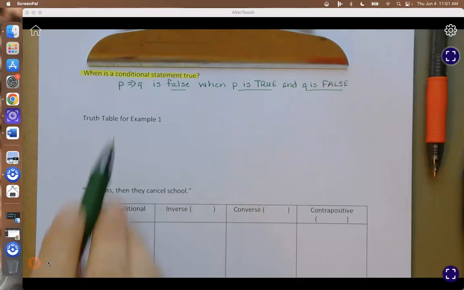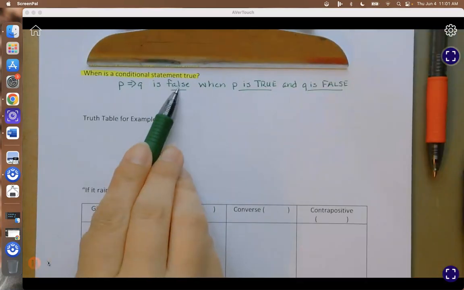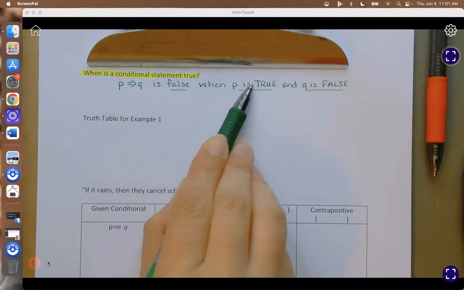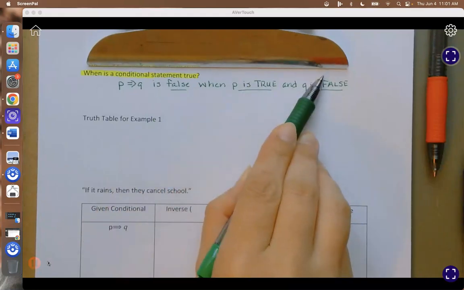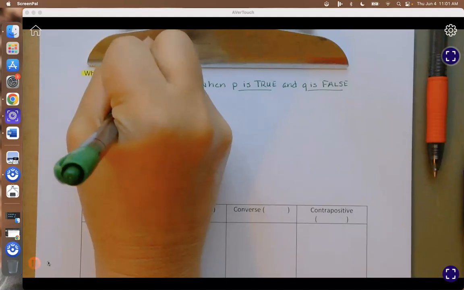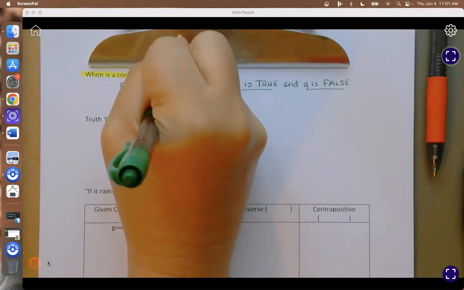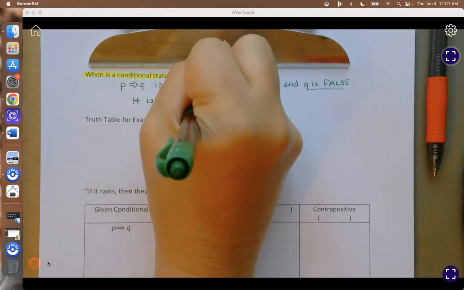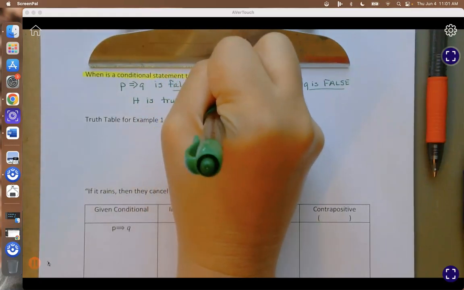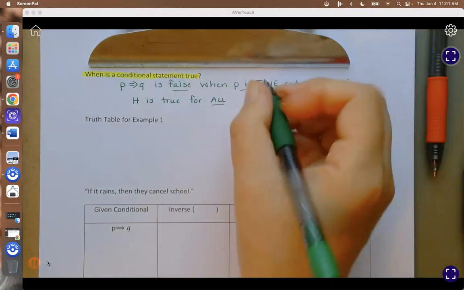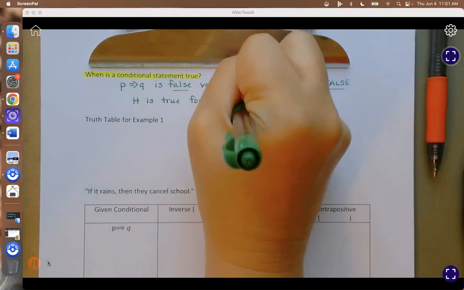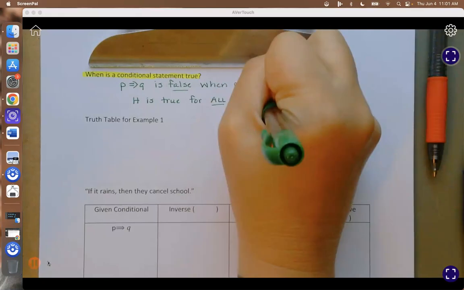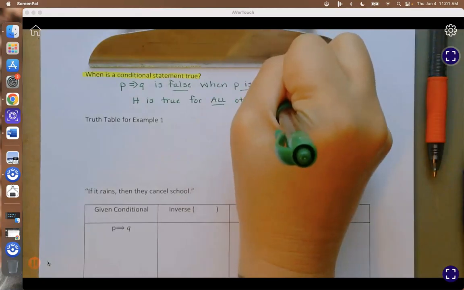Okay, so P implies Q is false when P is true and Q is false. It is true for all other cases. So the only time it's false is when P is true and Q is false.